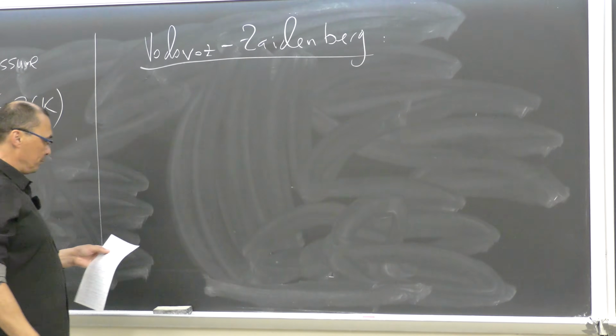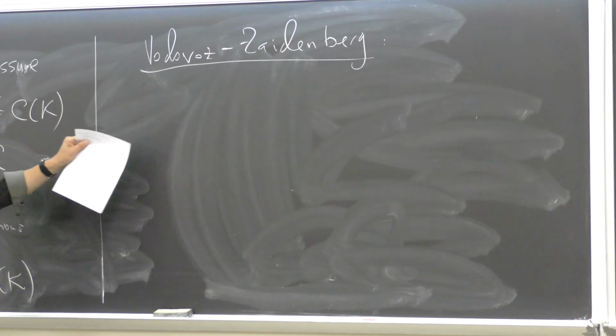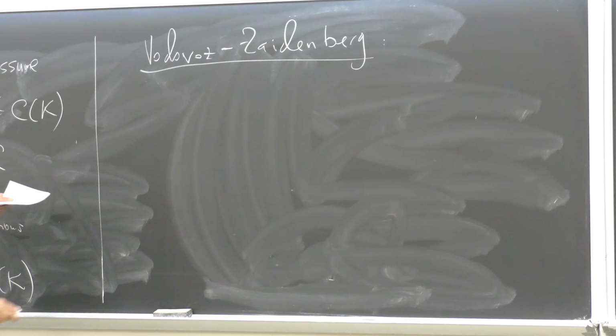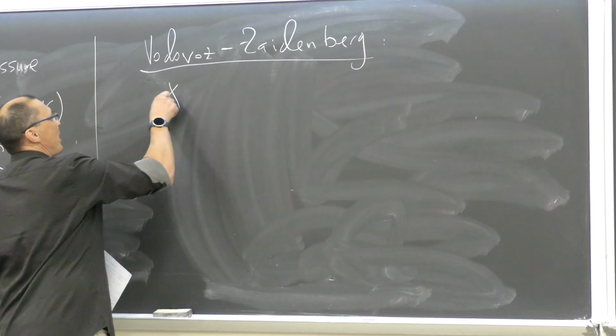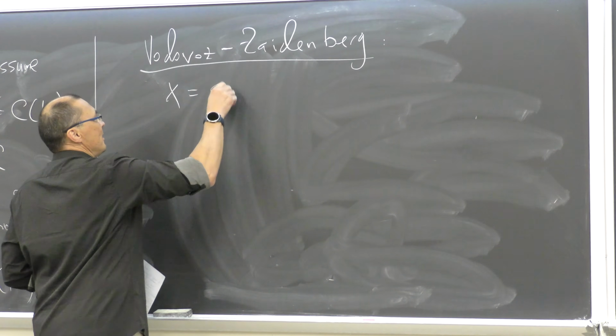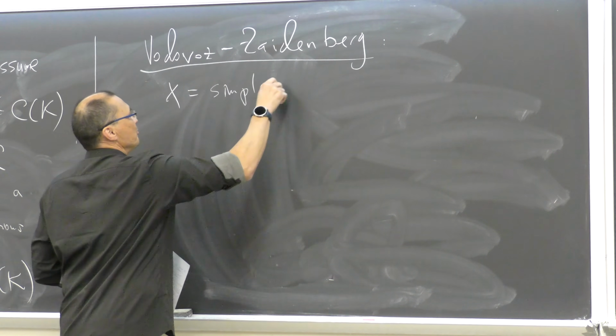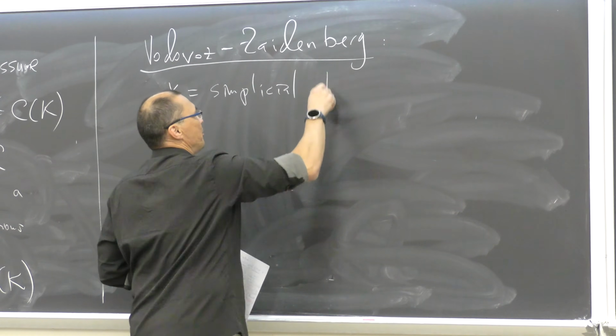Their method is completely non-geometric, so they start with X, which is a simplicial polytope.